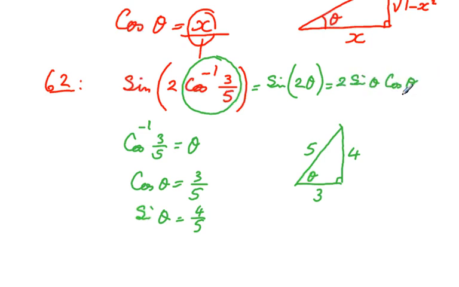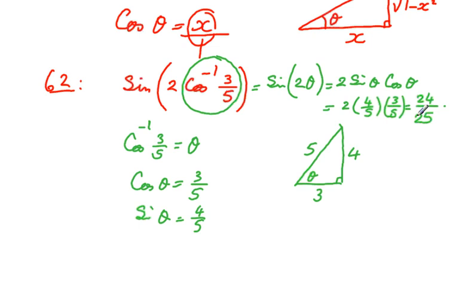Very good. 2 sine theta cosine theta. Well, do I know the value for these guys? What is sine theta? This is 4/5. This is 3/5. What is my net? 2 times 4 times 3 makes 24 over 25, and that does it.